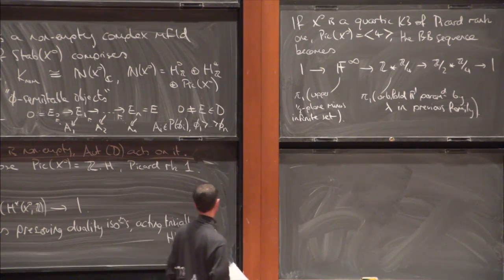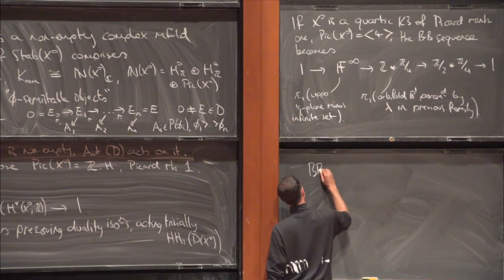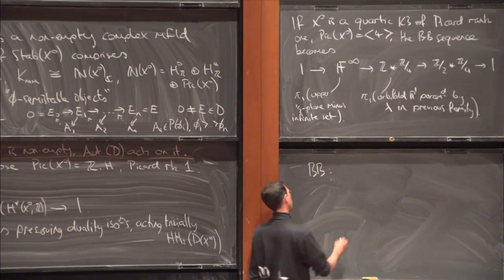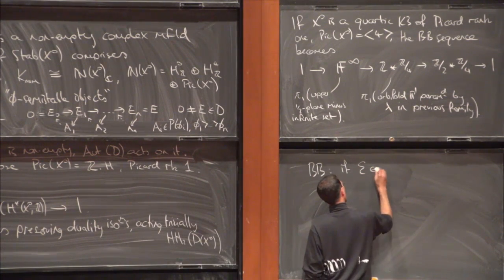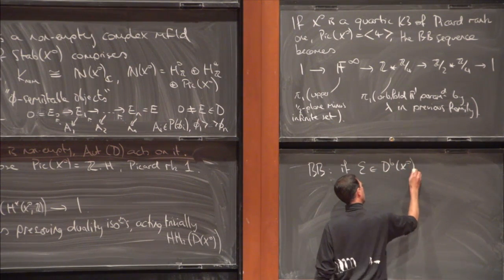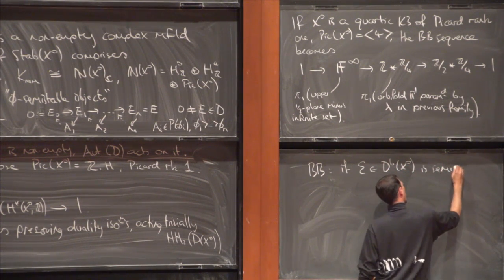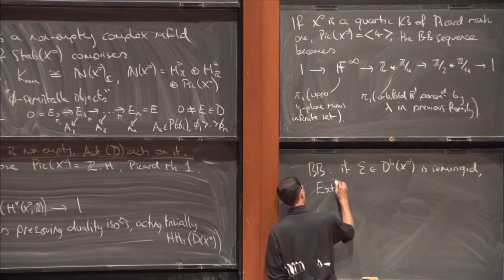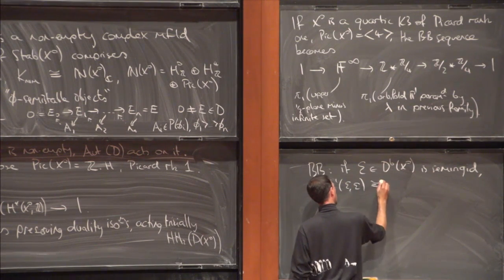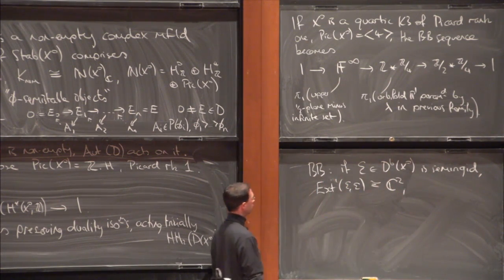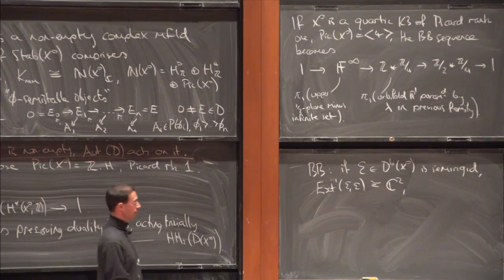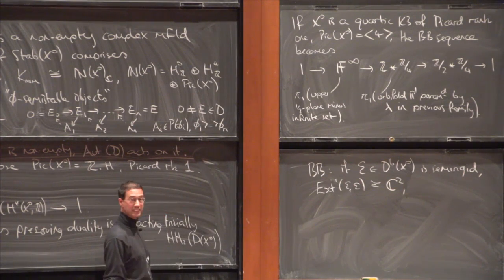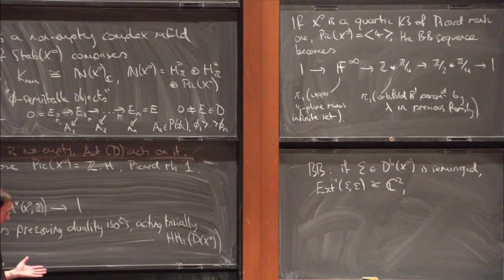Okay. And there's a second result that I want to quote from Bayer and Bridgeland. If E is semi-rigid, meaning that it has two-dimensional Ext^1, so Ext^1 parameterizes deformations, and if that was 0, you'd think of the object as being rigid.